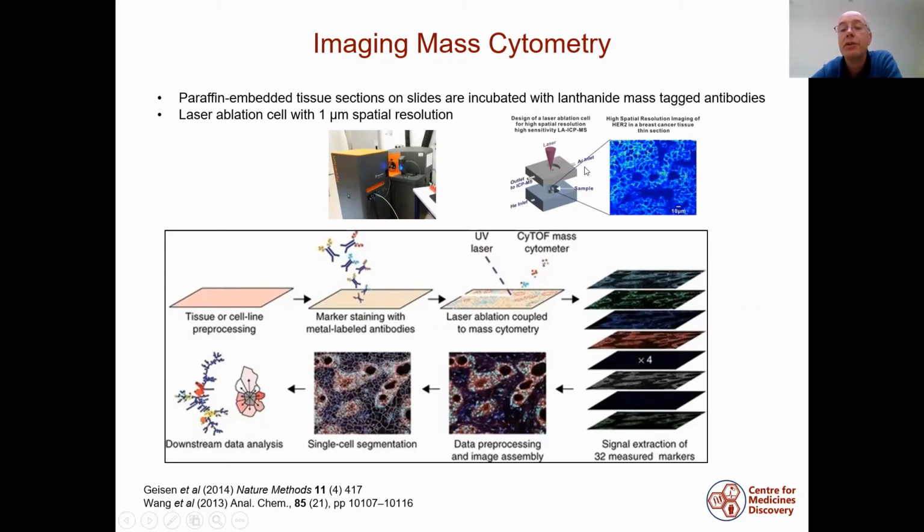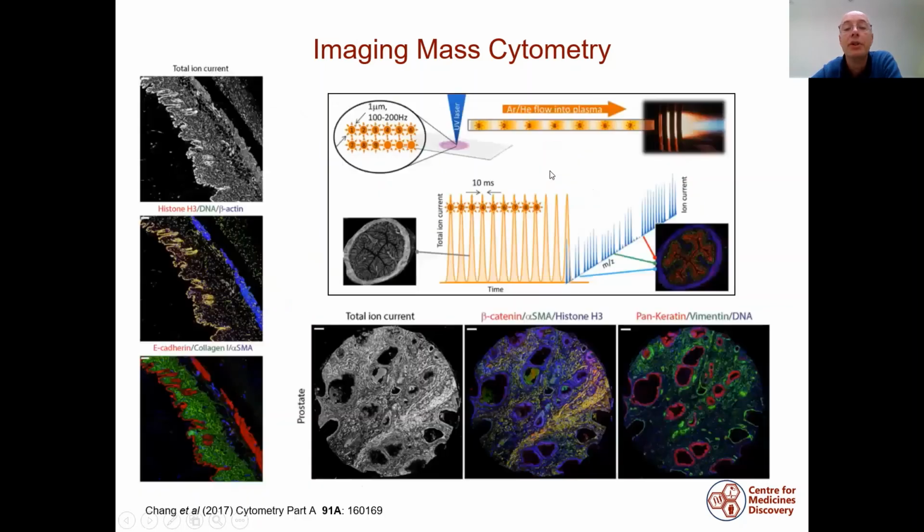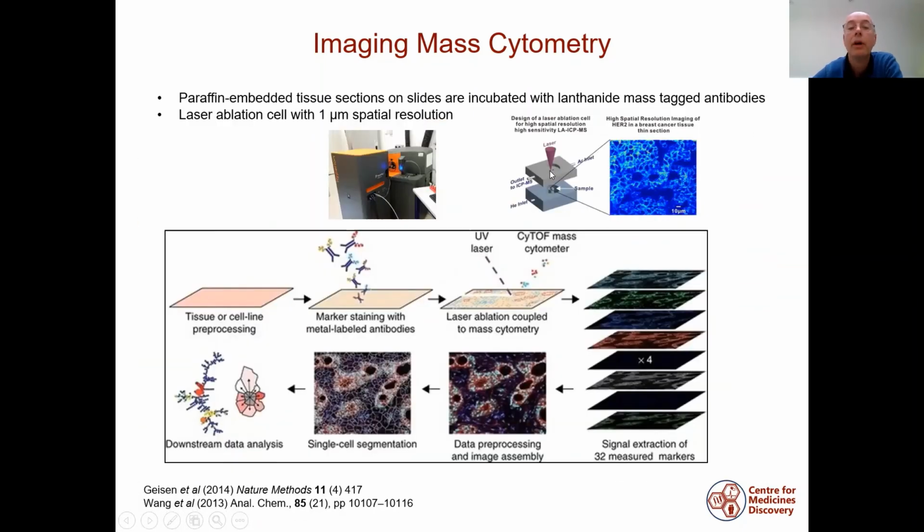So your tissue section passes through this cell. The laser hits it, but it passes through a window, which is a single micron across, and this will raster through your tissue sample and generate an image.